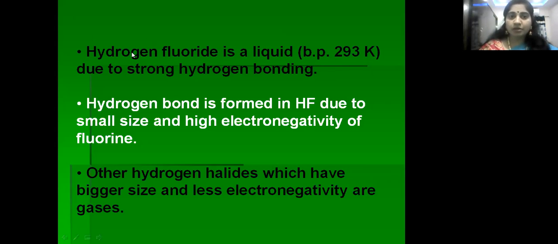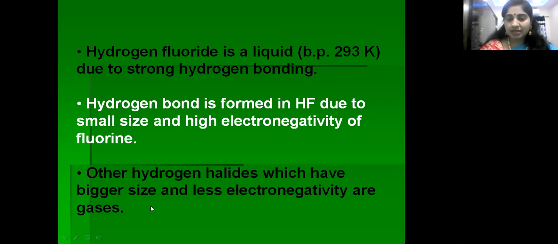Because in hydrogen fluoride there is strong intermolecular hydrogen bonding between the molecules, since fluorine is a highly electronegative element. Hydrogen bond is formed in HF due to the small size and high electronegativity of fluorine. Other hydrogen halides, which have bigger size and less electronegativity, are gases.